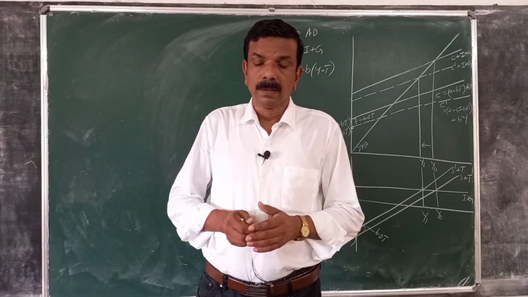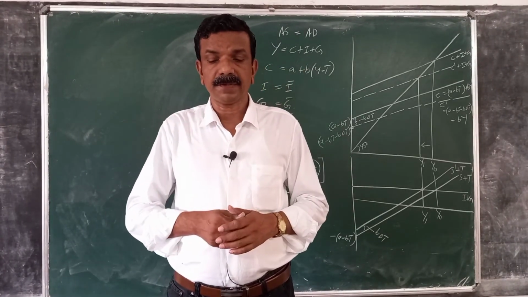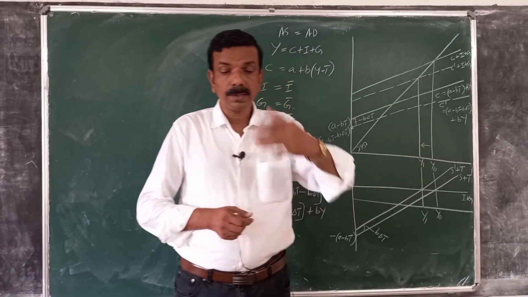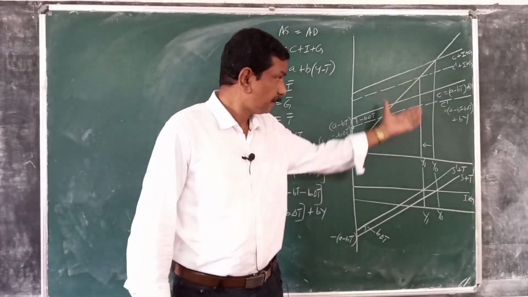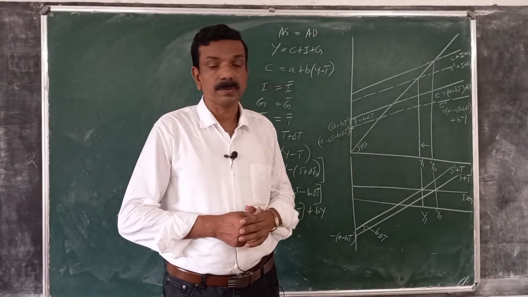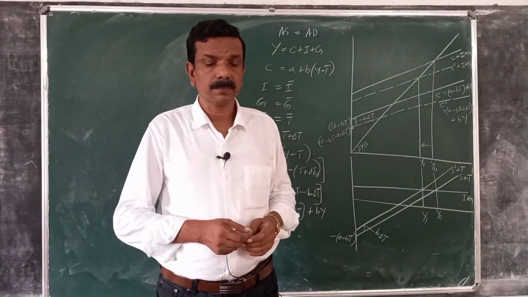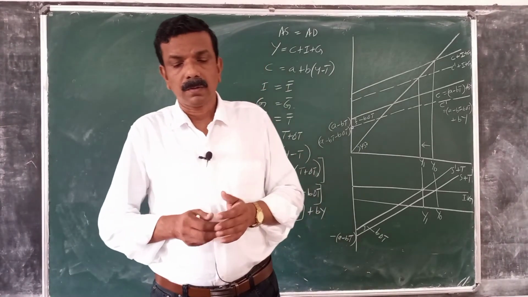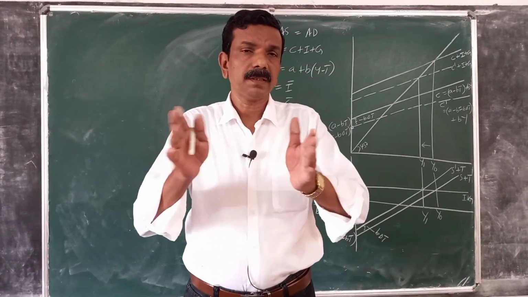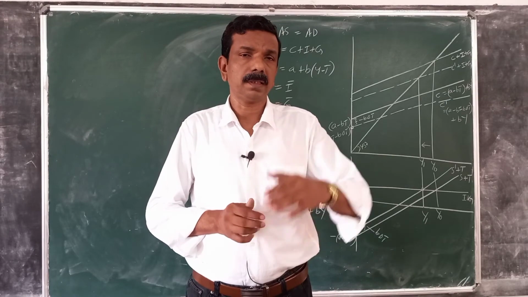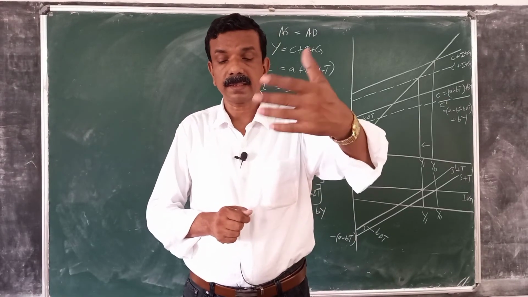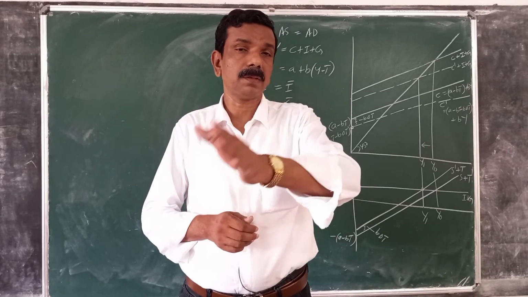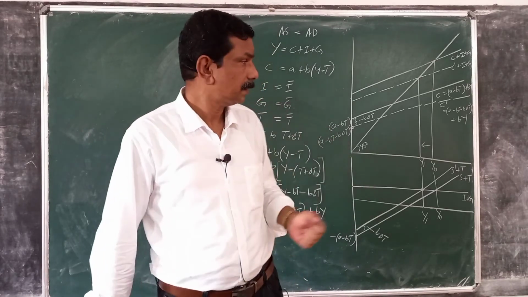So a change in tax affects aggregate demand only through its influence on the consumption schedule or the saving schedule. As tax increases, only a part of the increase in tax is translated into a reduction in consumption. The rest is absorbed as a reduction in savings.